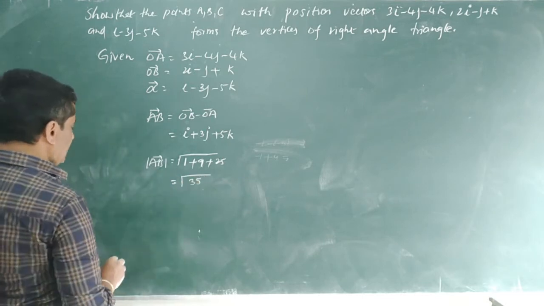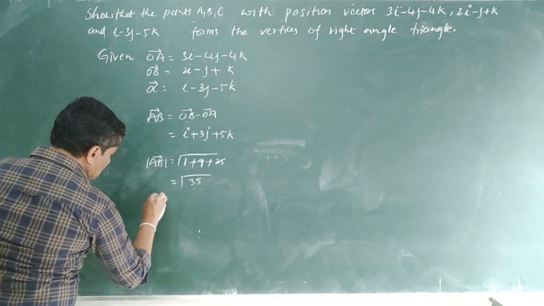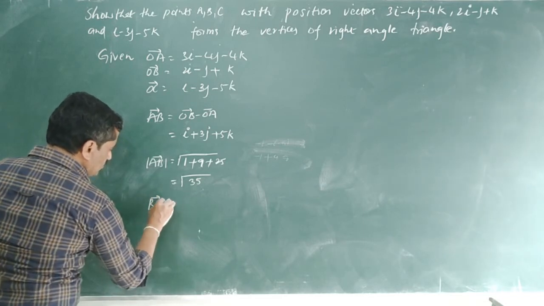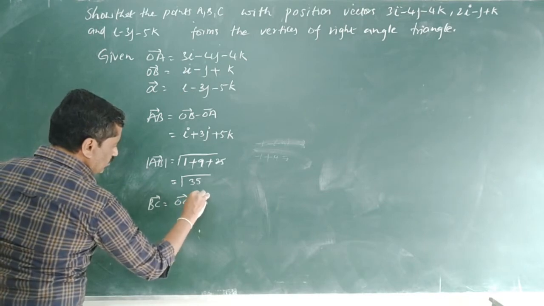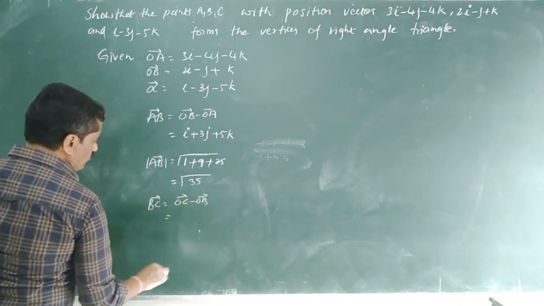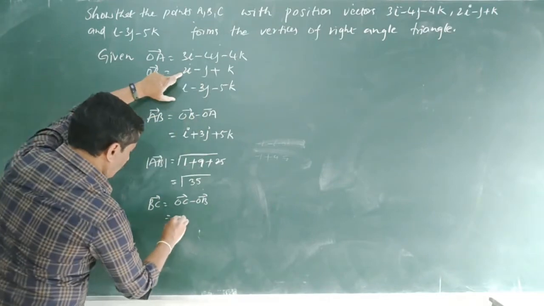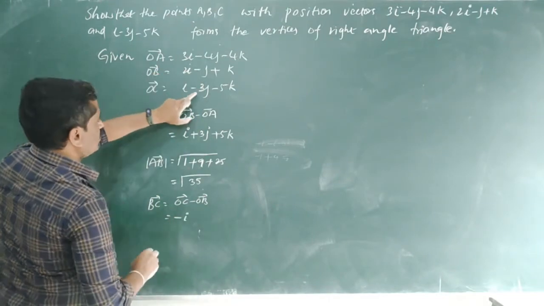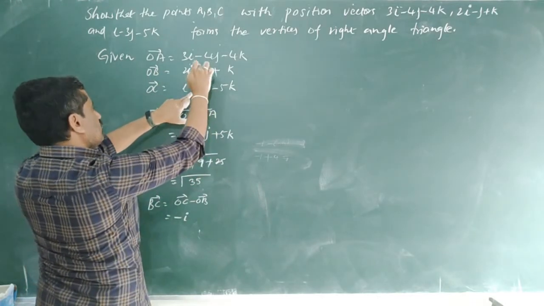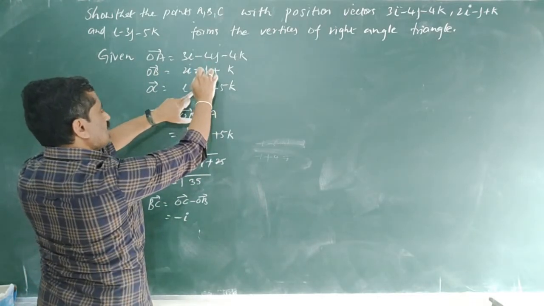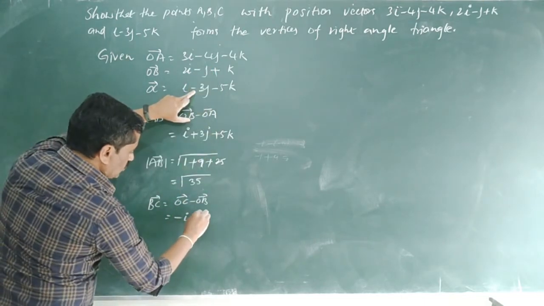Again we need to find BC bar. BC bar is equal to OC bar minus OB bar. This minus this, 1 minus 2, we have minus i. Again minus 3 minus of minus 1, we have plus 1, so that is minus 3 plus 1, we have minus 2j.